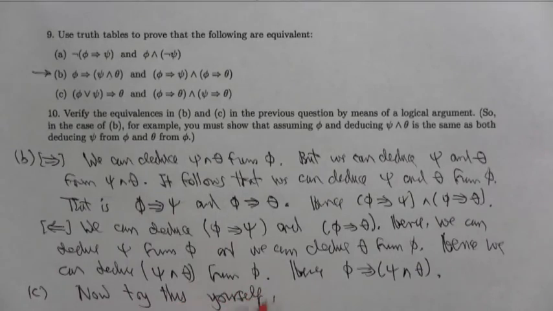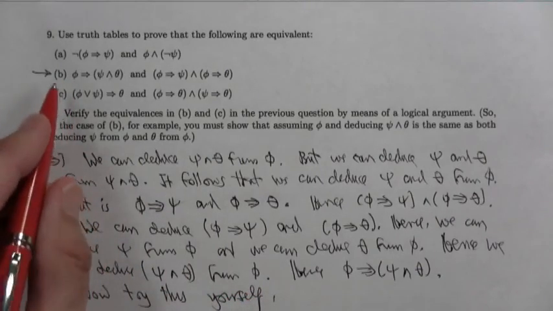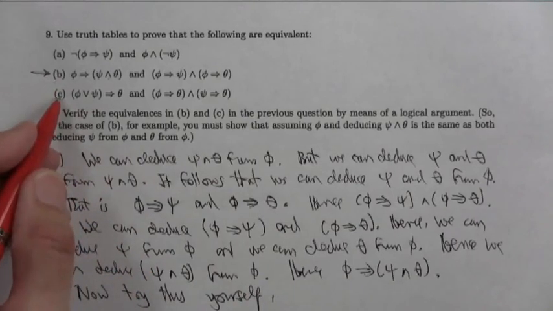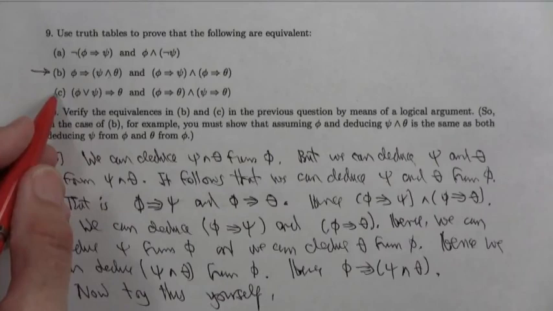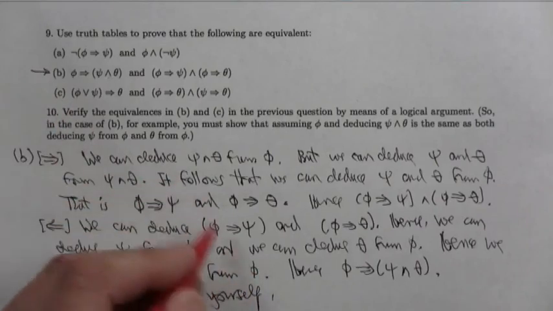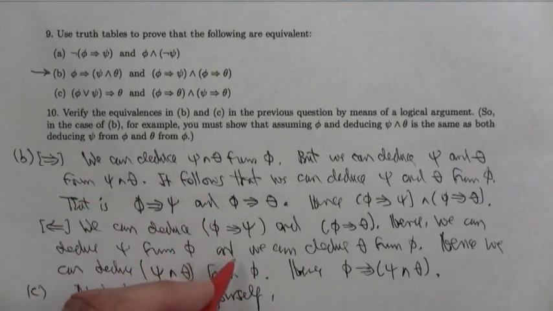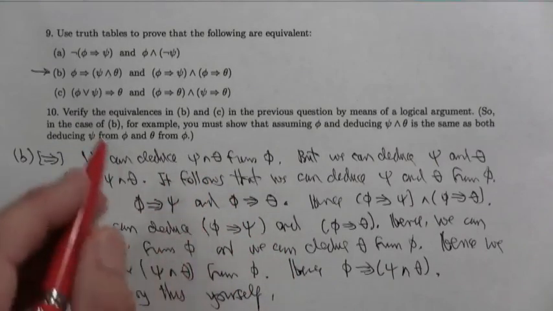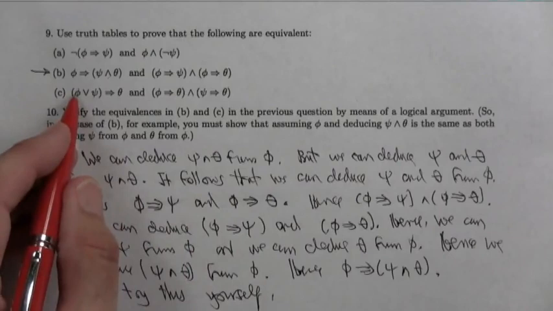So if you haven't got this one out already, having seen me get through part B, see if you can do part C. Whatever you do, don't take this literally and try to just change symbols. Get a handle on the kind of reasoning I was using, and then use that reasoning to do this.